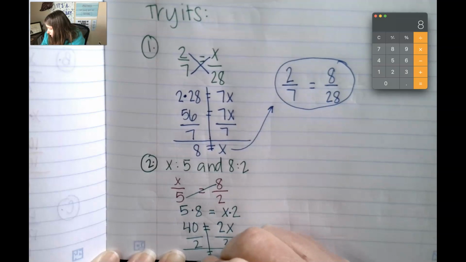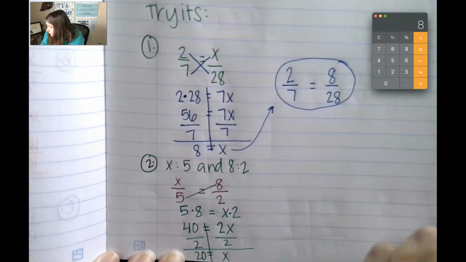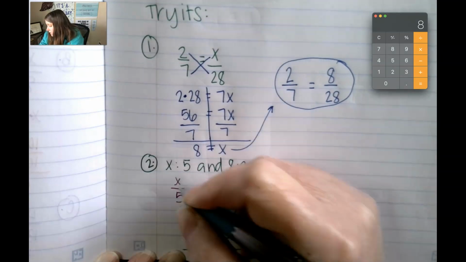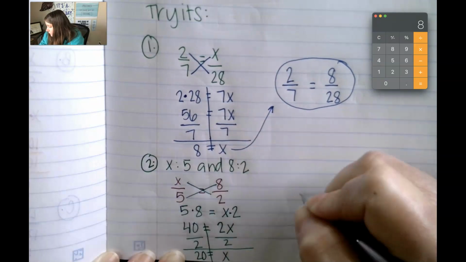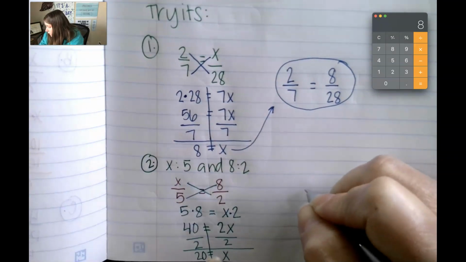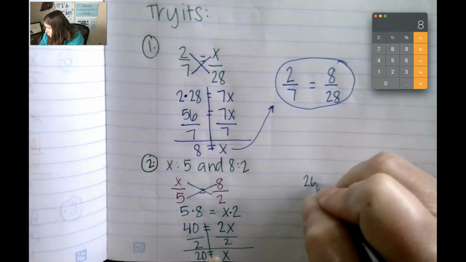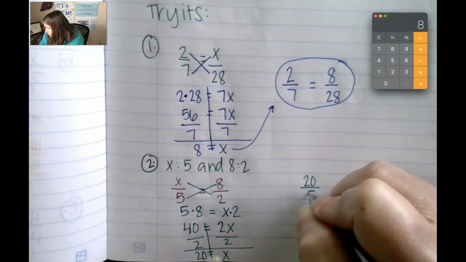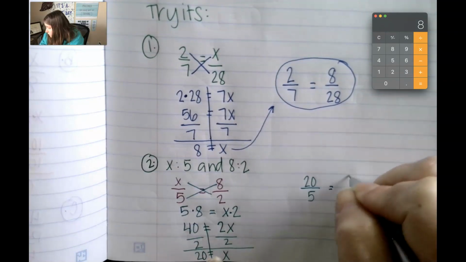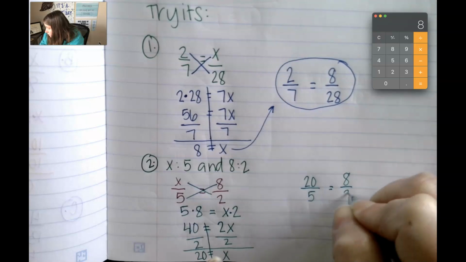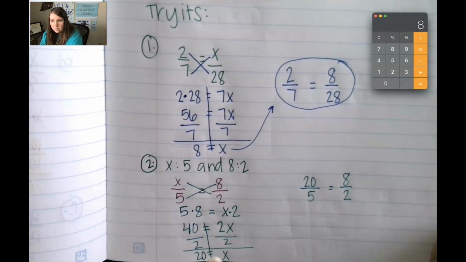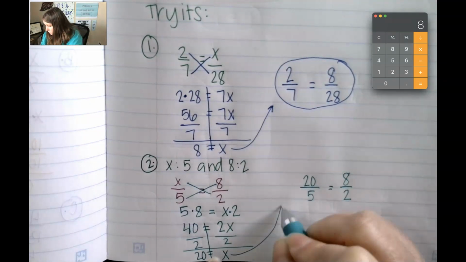So x equals 20. Now we can take this and put this back in. So x is 20, so where x is, we're going to put 20. So it's 20 over 5 is equal to 8 over 2.